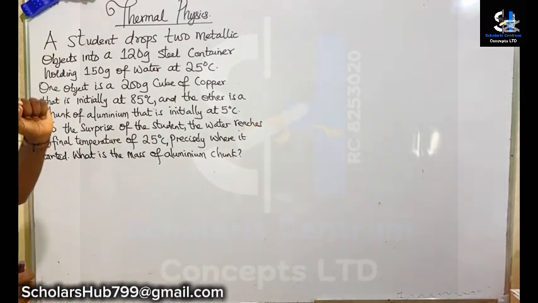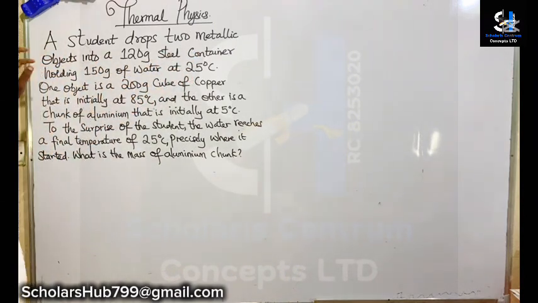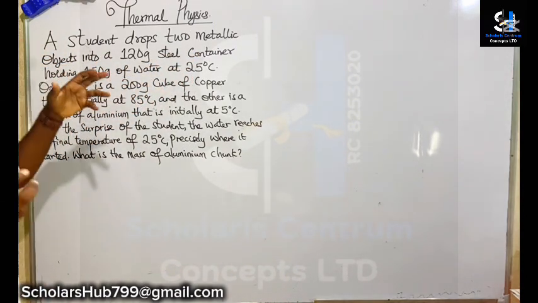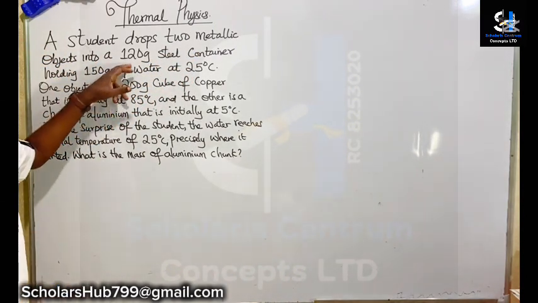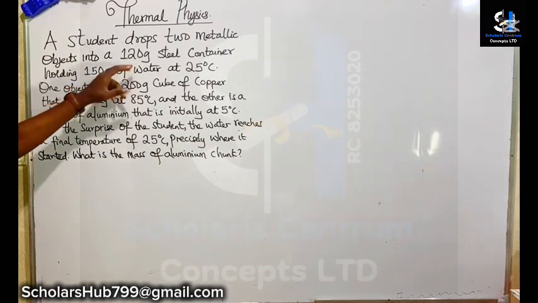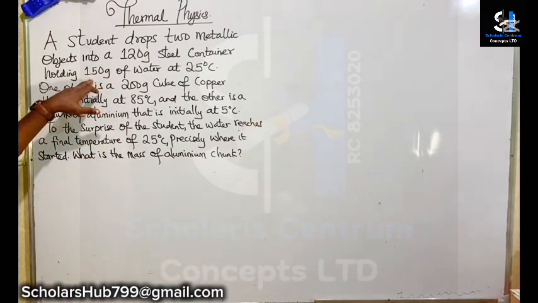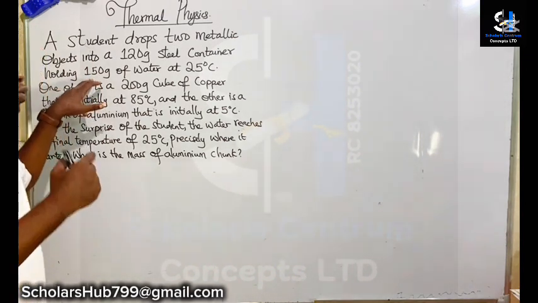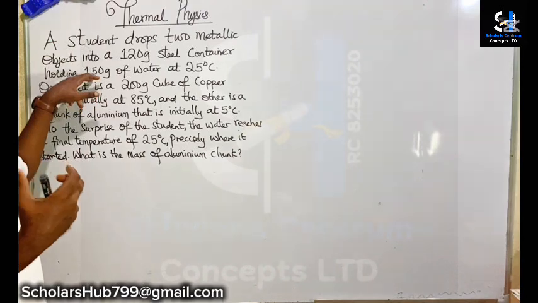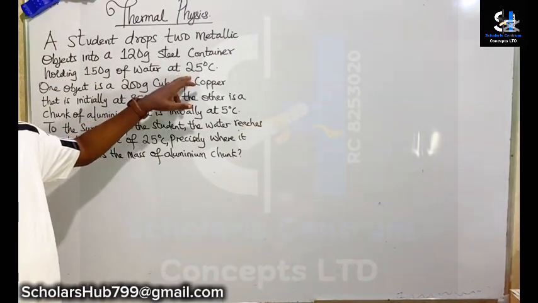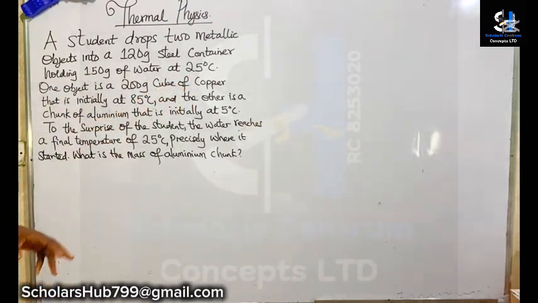Now, the student dropped two metallic objects into a container weighing 120 grams, and the container holds water of mass 150 grams. The initial temperature of the water the container holds is 25 degrees Celsius.